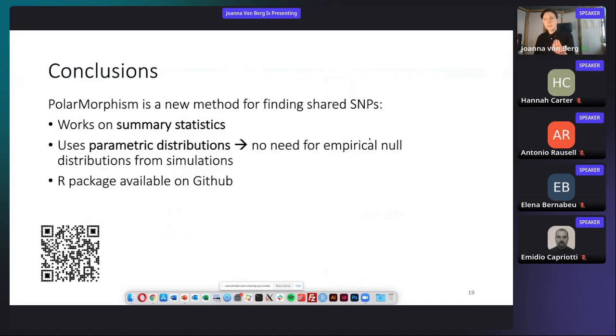We did simulate some data to estimate this kappa parameter, but this means that it's relatively fast. And as I said, the R package is available on GitHub. And here again is the QR code to the preprint, if you want to scan it.